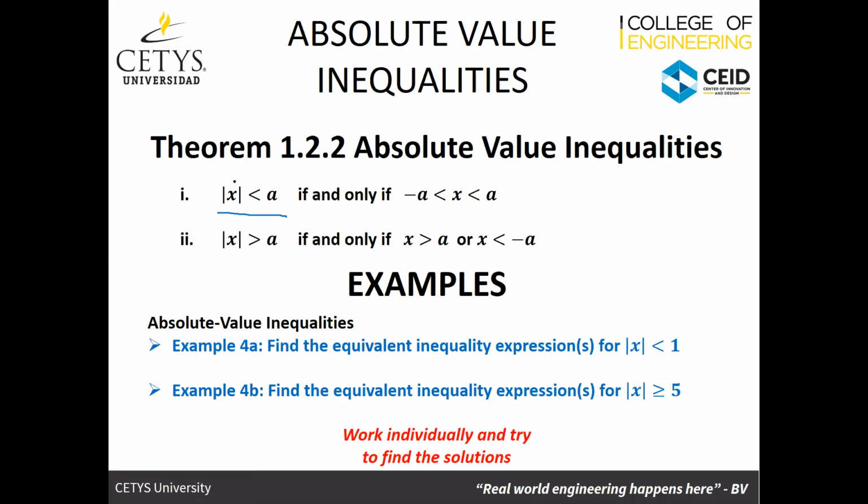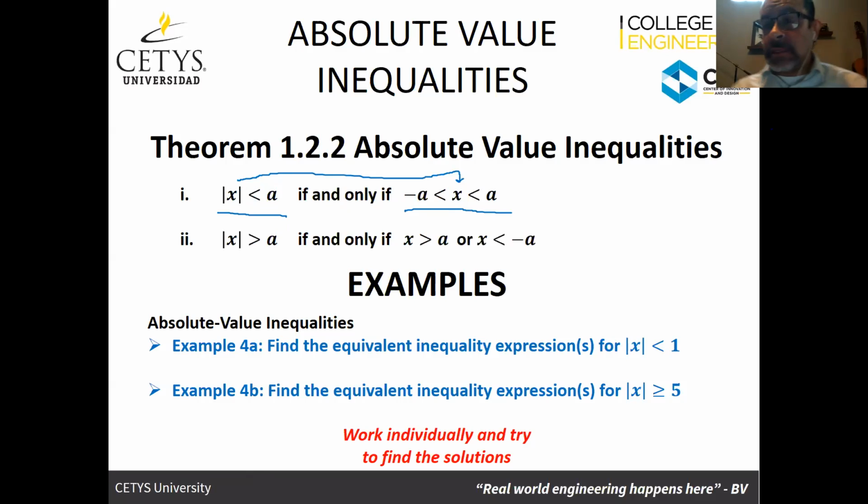When we have this situation where we have absolute value less than another value, basically the expression can be rewritten as such. The inequality can be written as minus the value less than x less than the value. So let's say that I have an expression where I've got absolute value of x is less than a certain value, 2, for example.